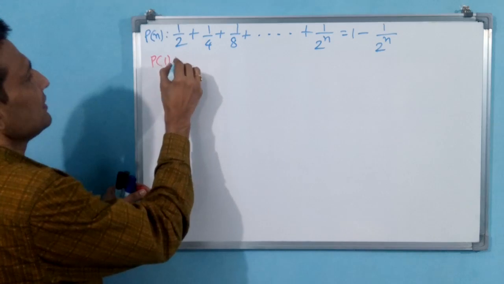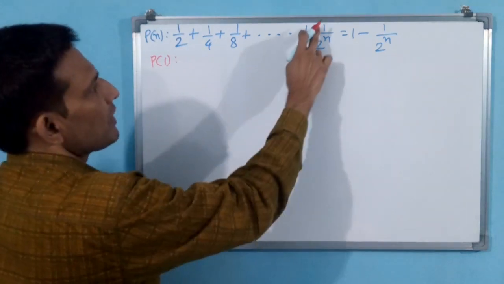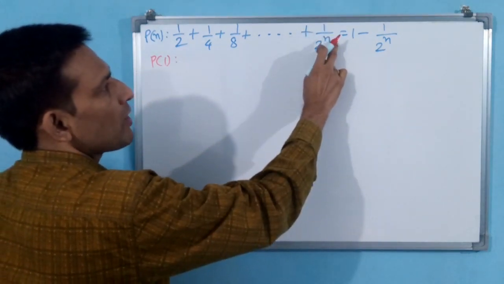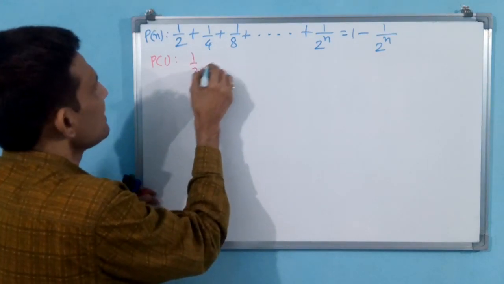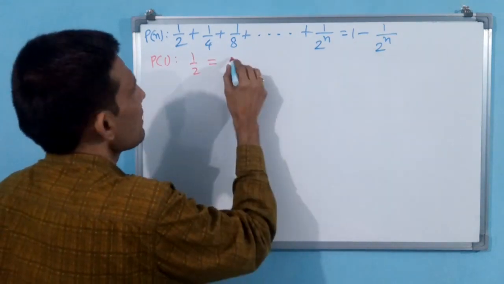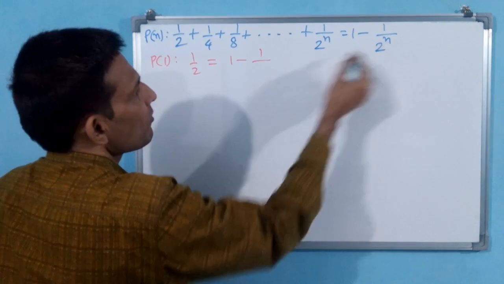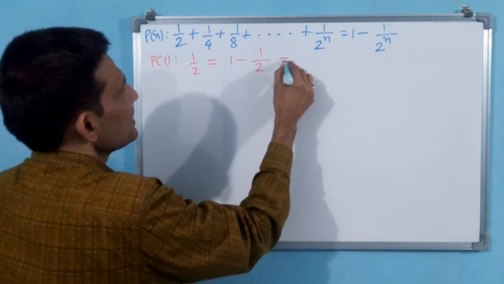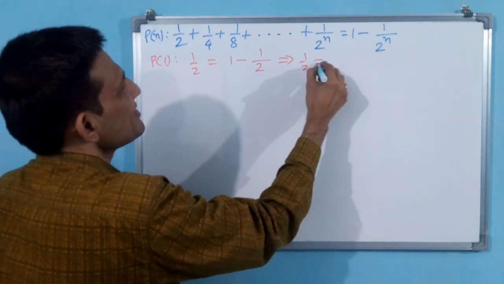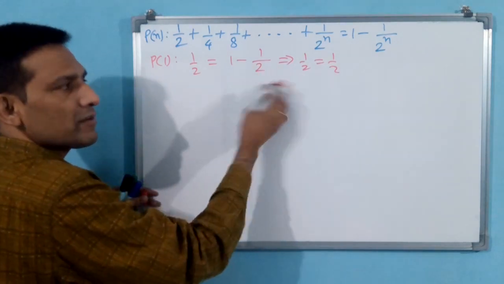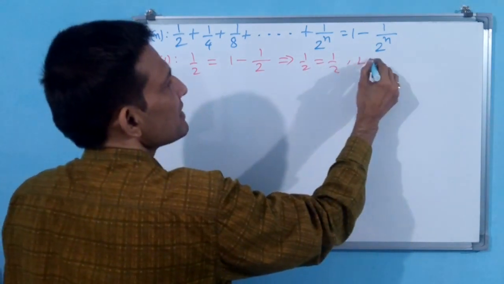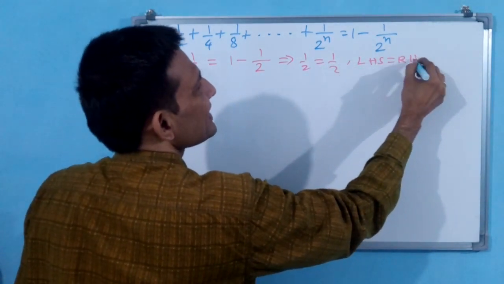P of 1 colon. See, 1 power 2, 1 by 2 power 1. That means 1 by 2. 1 by 2 is LHS. Okay, RHS is 1 minus 1 by 2 power 1. 1 by 2. That means implies half is equal to half. Why? Because 1 minus half is half only. That means LHS is equal to RHS.